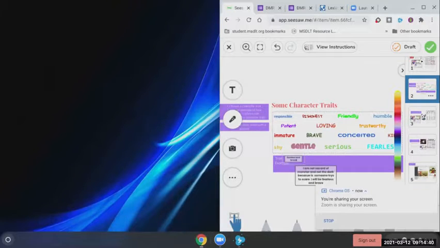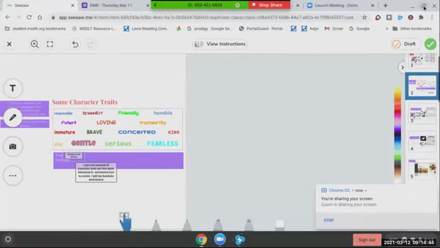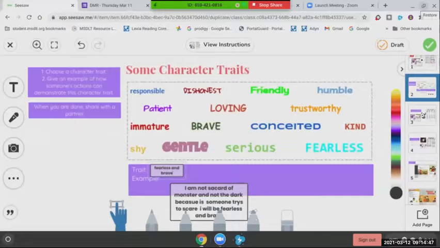Aiden G, did you have one to share? I put fearless and brave. I am not scared of monsters and not the dark, because if someone tries to scare me, I will be fearless and brave.